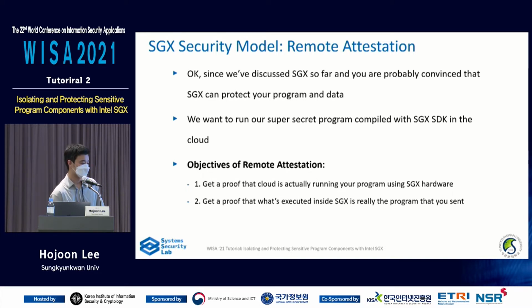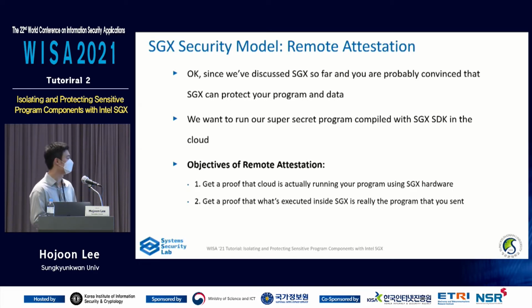But you realize that you run into trust issues. First of all, how do you know if the cloud actually has SGX? How do you know if the cloud is actually running your program on SGX? There's no proof for that, right? And there's no proof that your program is running unmodified. You don't know whether the cloud service provider has done something terrible to your program and then run it to steal your secret. And these are exactly the objectives of remote attestation.